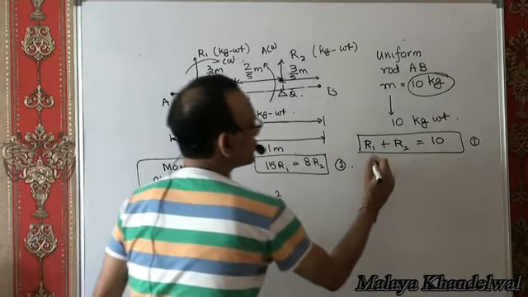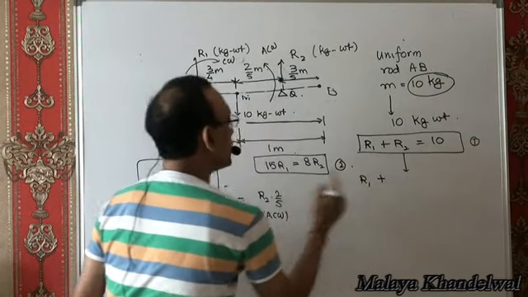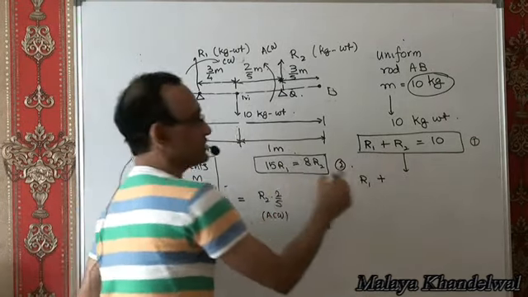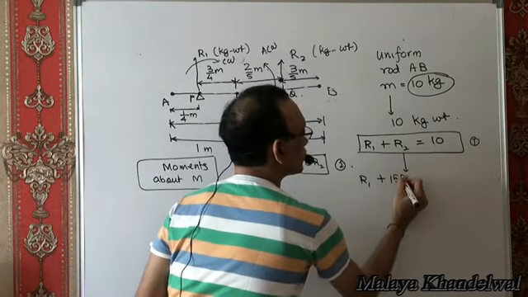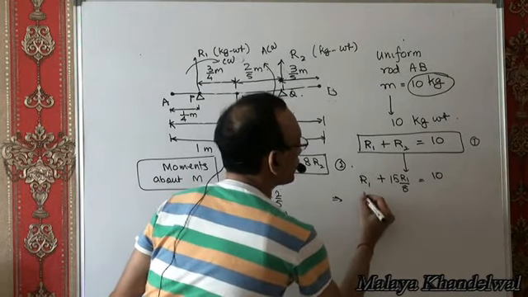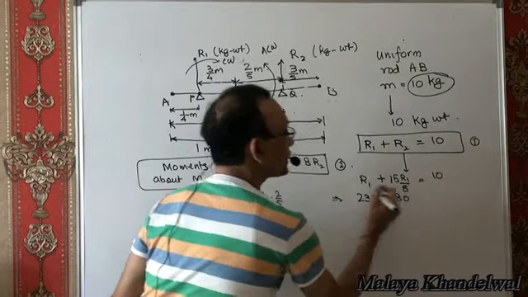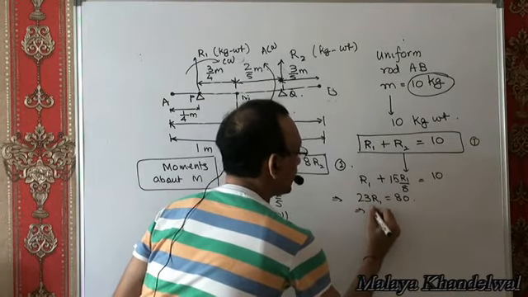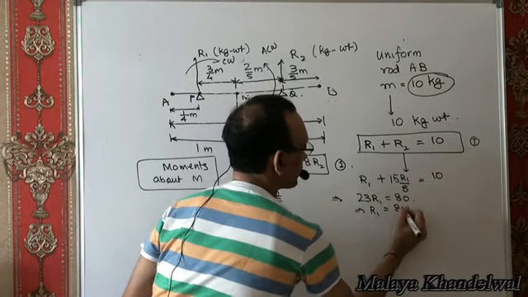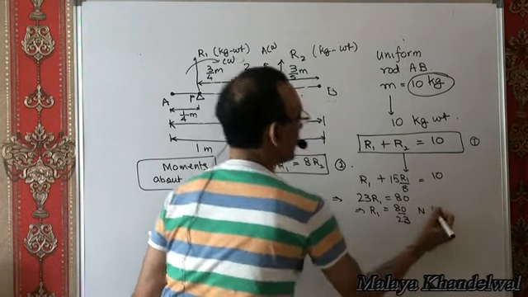Alright, so what I can do is write R1 plus R2, where R2 I could have written as 15 R1 by 8, equal to 10. Or we have 23 R1 equal to 80, or R1 equal to 80 by 23 newtons.